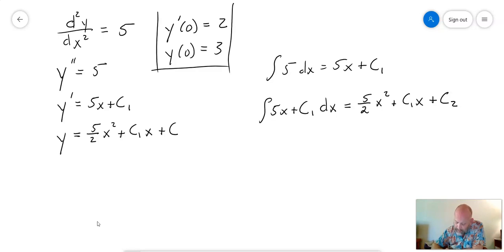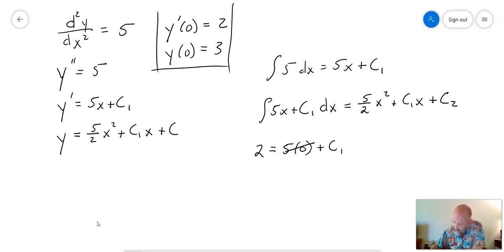We know y prime is equal to 5x plus C1, and y prime of 0 is 2. That tells me when x is 0, y prime is 2. From my y prime equation, I get 2 is equal to 5 times 0 plus C1.